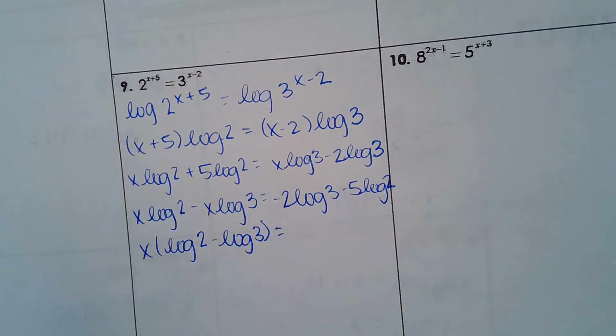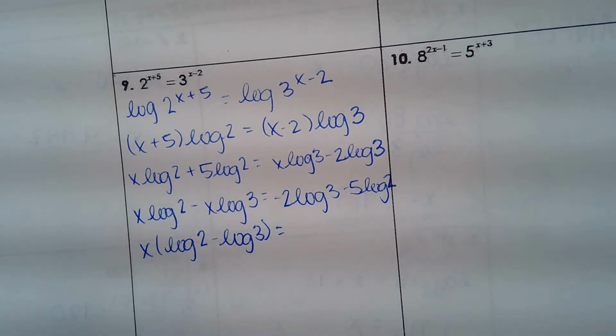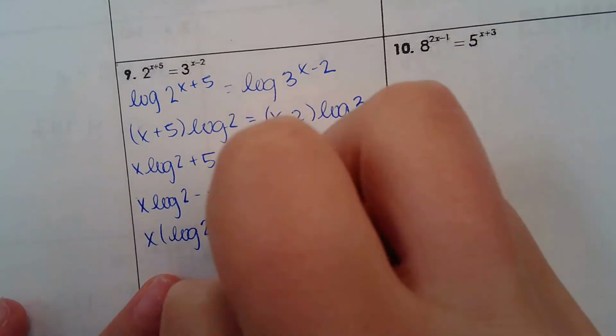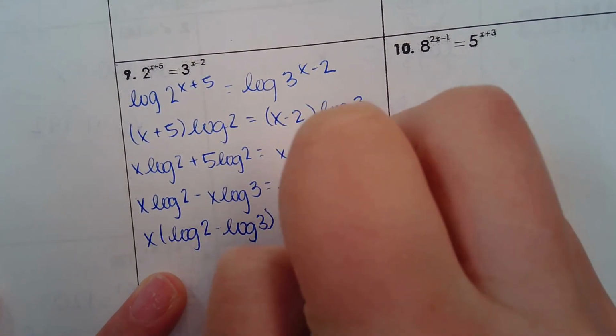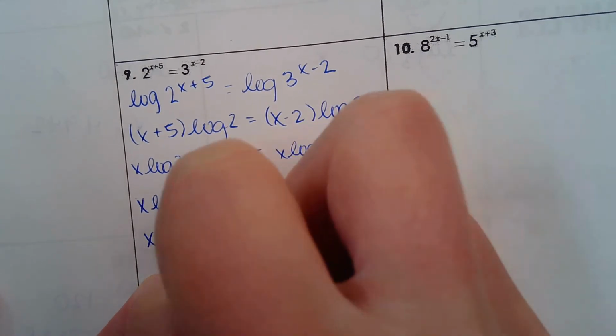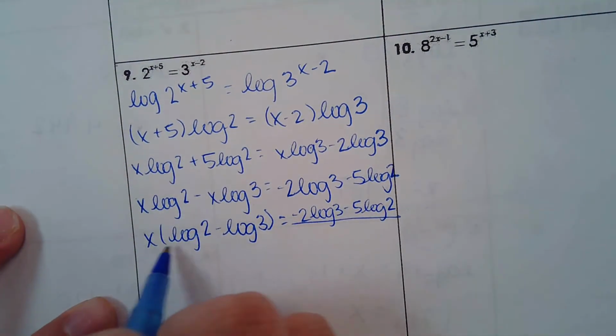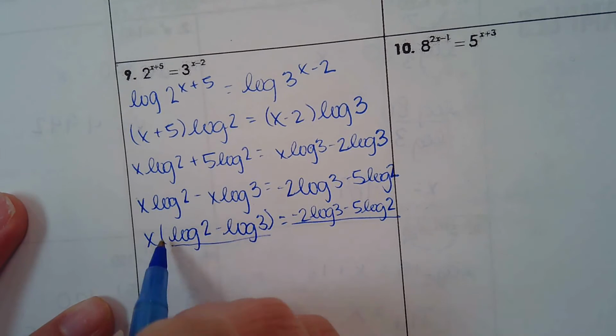Because remember, we're going to have to type all this stuff in the calculator. So the simpler we can keep it, the better, I think. So we'll have negative 2 log of 3 minus 5 log of 2. And then, like I was saying, we'll go ahead and divide this stuff off.